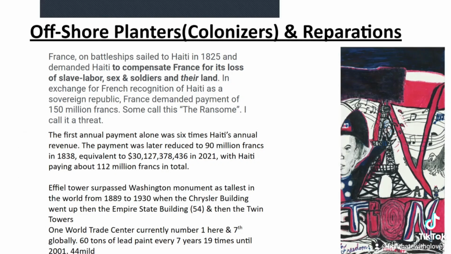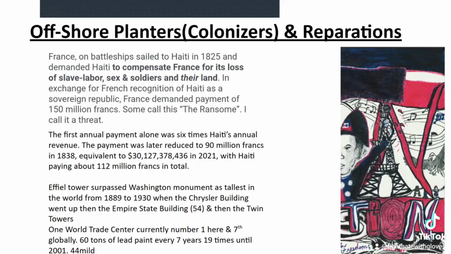The Eiffel Tower has been painted. I put this down here. The Eiffel Tower has been painted with 60 tons of paint every, I think, 7 years or something like that. 7 years, because it's a huge tower, but that takes a lot of money.